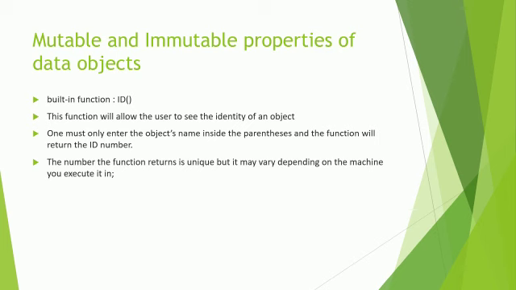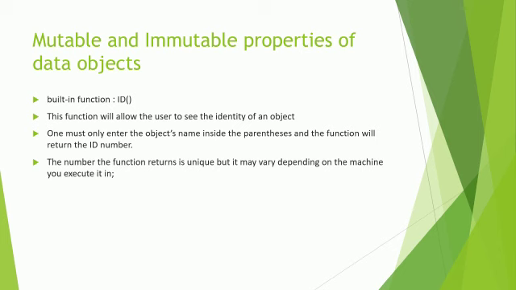So let's see. There is a built-in function, which we call id. Its importance is to know the identity of an object. If you want to know the ID, you just put id followed by parentheses, where you put the name of the object, which returns the ID of the object.